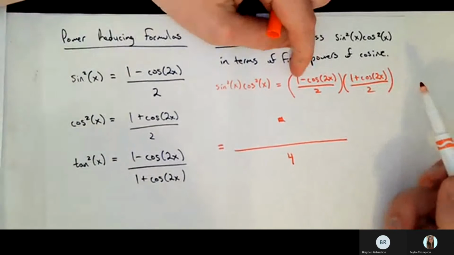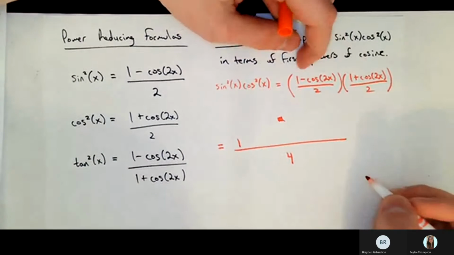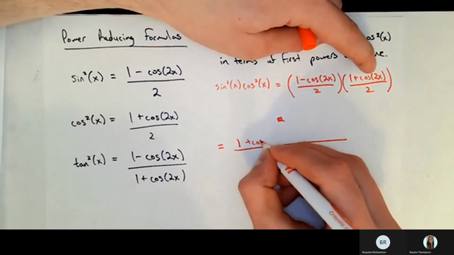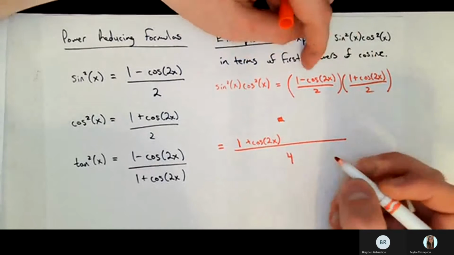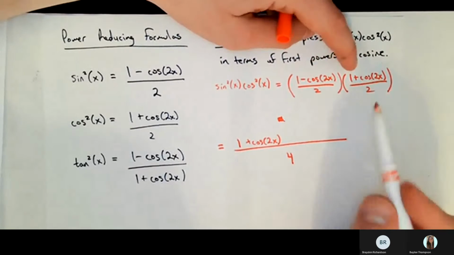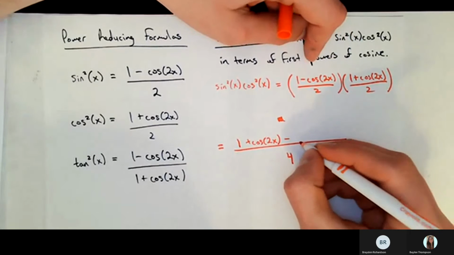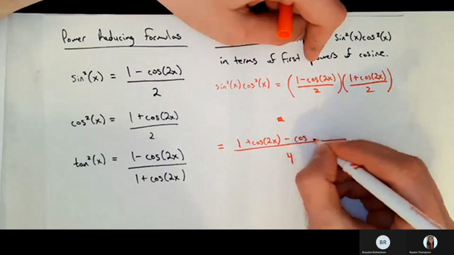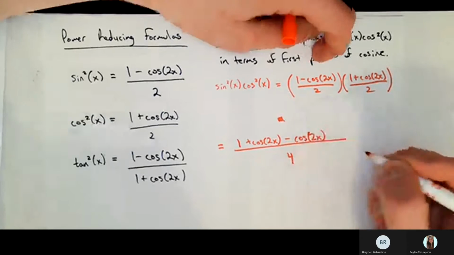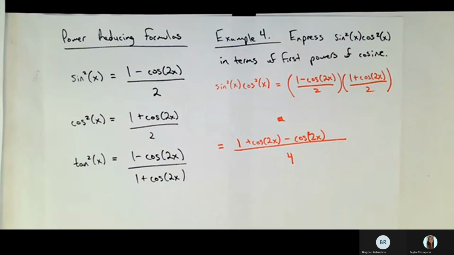Now in the top, I'm going to have 1 times 1. That's the first term. Then 1 times positive cosine 2x, so that's positive cosine 2x. Moving on to this term, negative cosine of 2x times 1 is negative cosine of 2x.